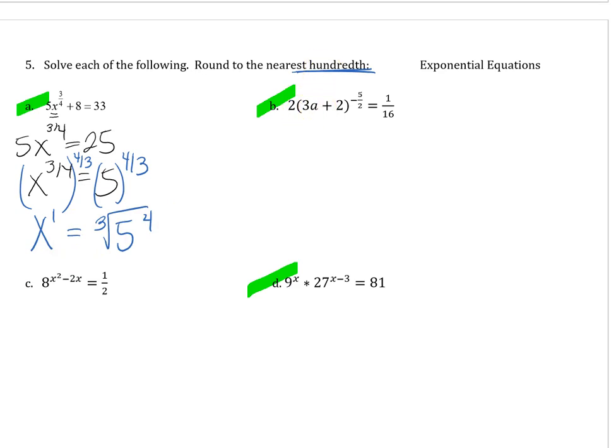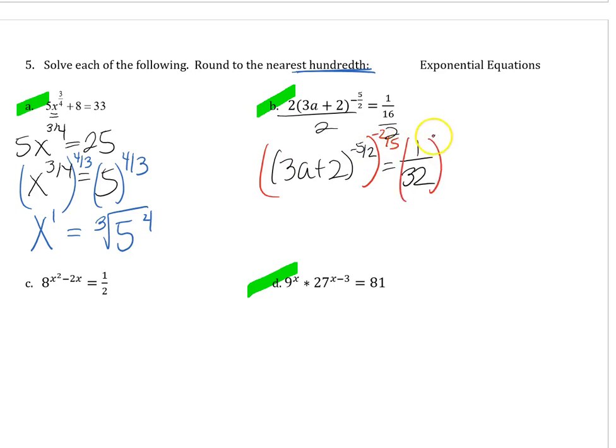Okay, over here, make sure you isolate. So I divide by 2. This will be 1 over 32. Raise both sides to the negative 2/5. So those would undo each other.